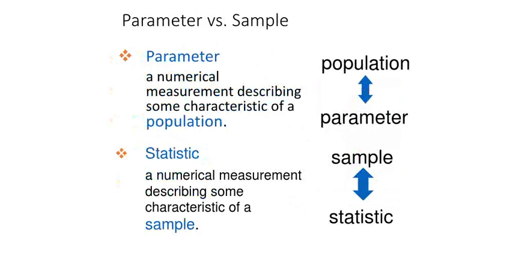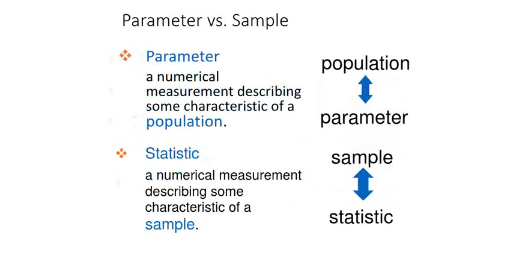A population is a complete collection of measurements, objects, or individuals that we're studying, while a parameter is a number that describes a population characteristic. A sample is a portion or subset of that population, and a statistic is a number that describes that sample.